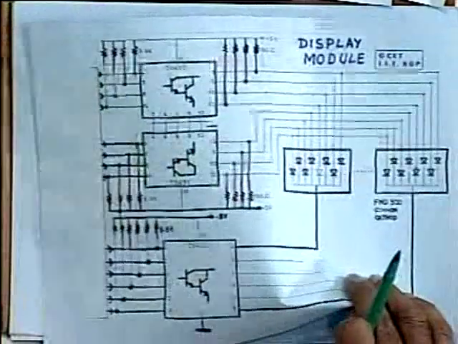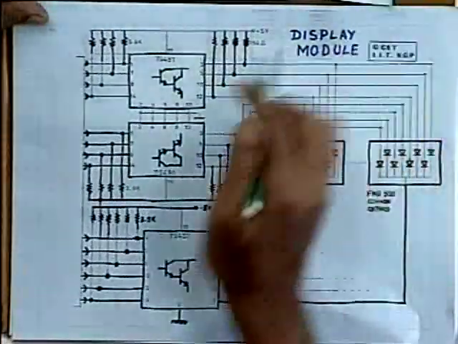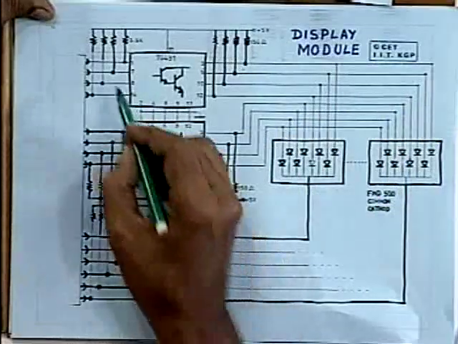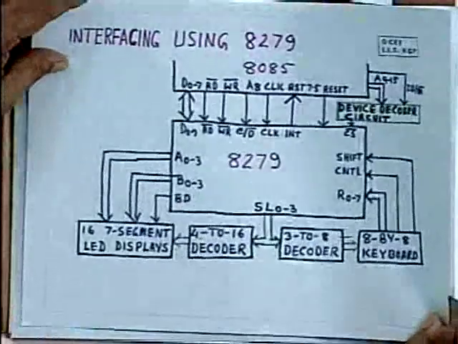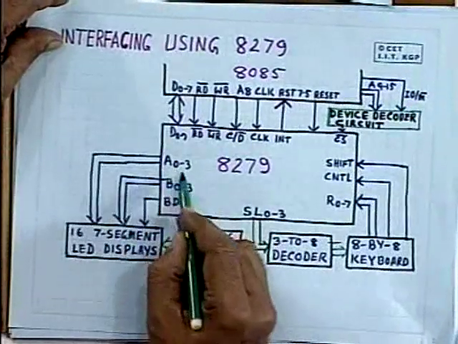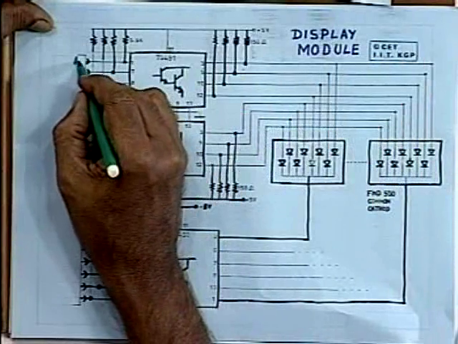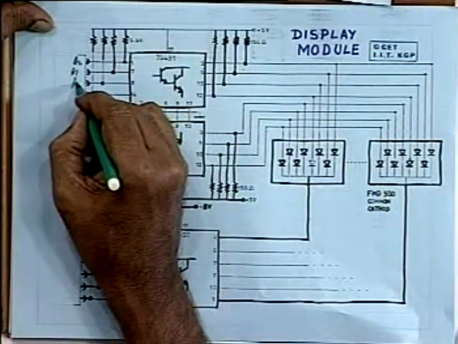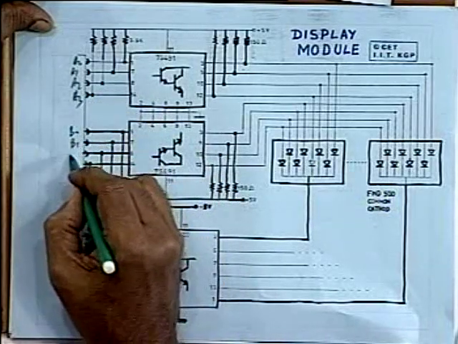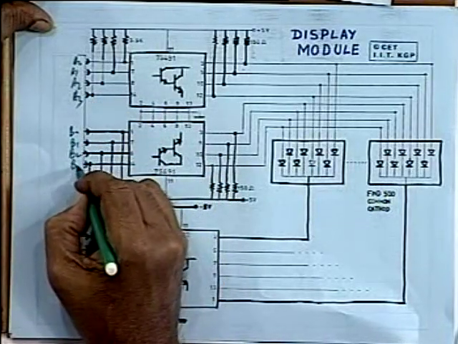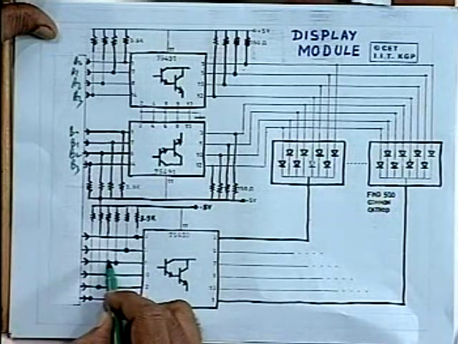LED display we have detailed also. That means these lines will come from A0 to A3 and B0 to B3. So here A0, A1, A2, A3 and B0, B1, B2 and B3 are to be connected, and these lines will come from the decoder.